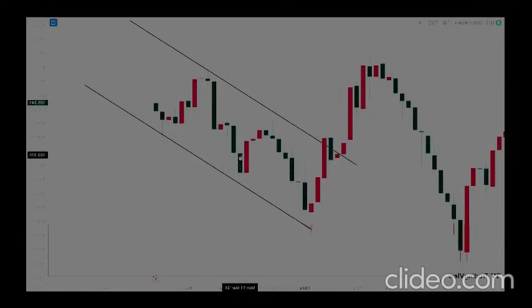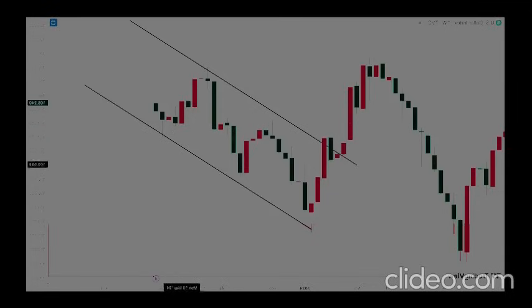We are currently processing this chart to get a lead direction. This CDXY.